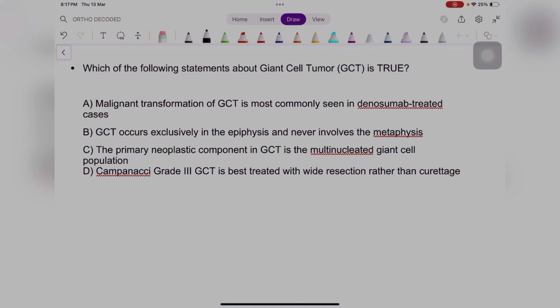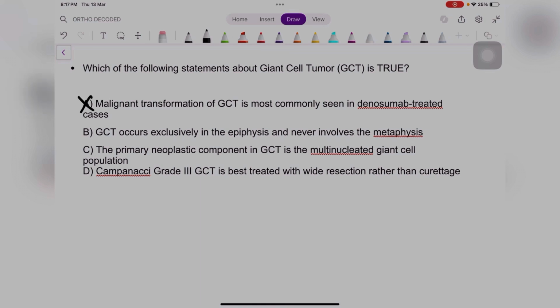So, now can we break down the question, options one by one? Yes. So, let us break down the options one by one. So, malignant transformation of GCT is commonly seen in denosumab treated cases.